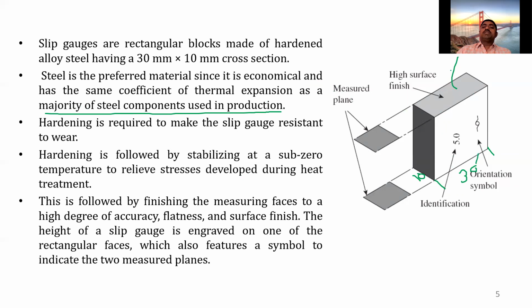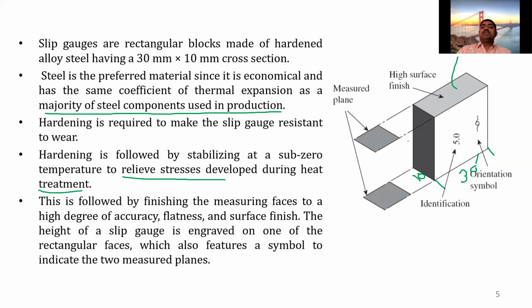The top and bottom surfaces are hardened to make the slip gauge wear resistant, and these flat surfaces are stabilized at sub-zero temperature to relieve the stresses developed during the heat treatment process.